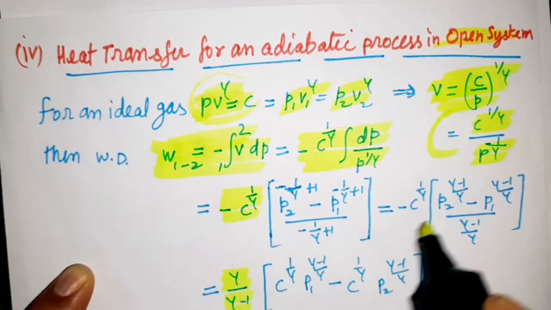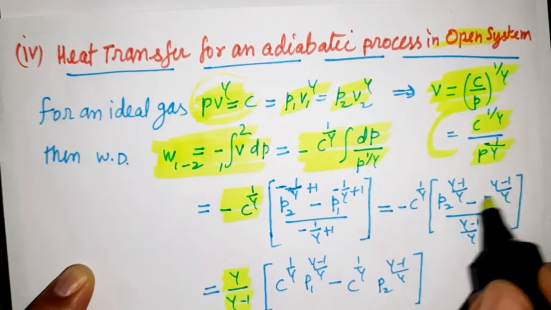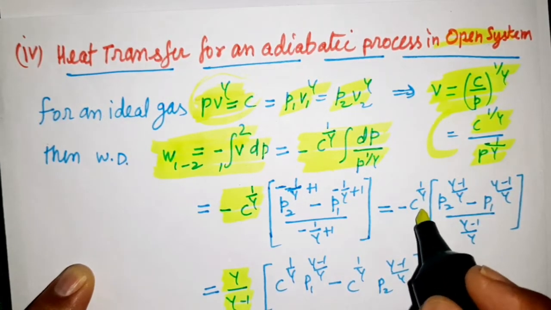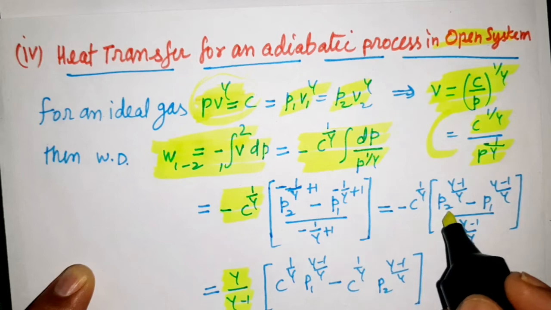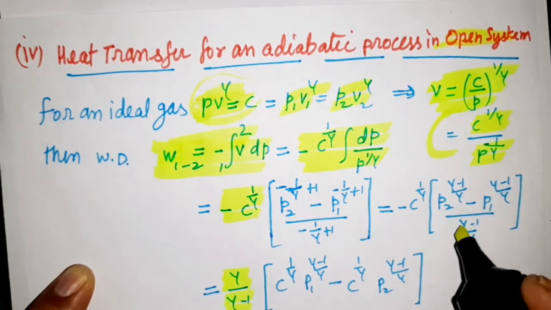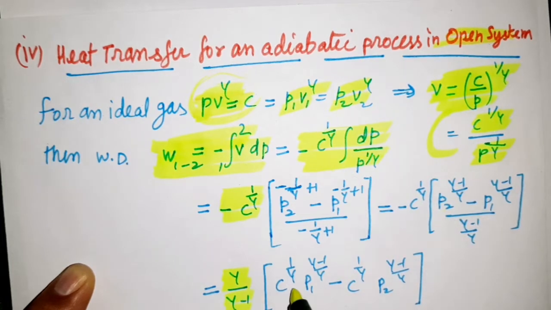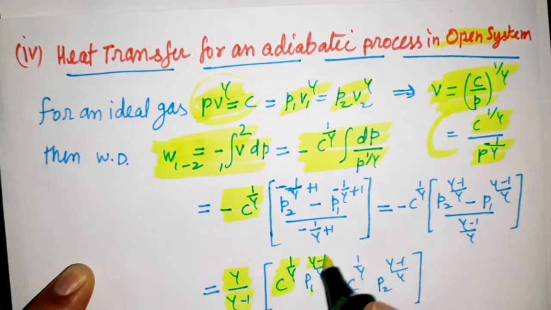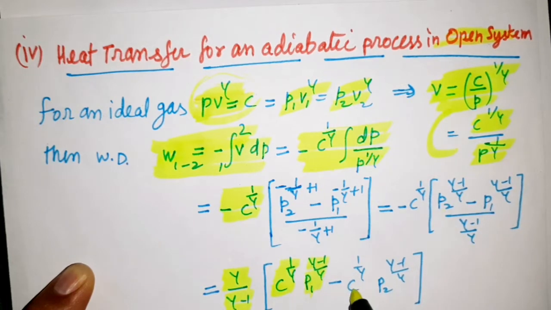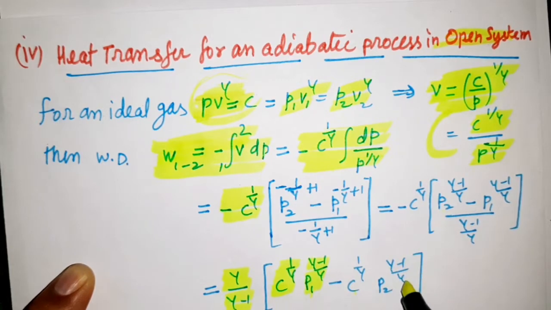Now we will multiply this C in this bracket, multiplying with this P2 and P1. So here it can be written as C to the power 1 upon gamma into P1 to the power gamma minus 1 upon gamma, and C to the power 1 upon gamma into P2 to the power gamma minus 1 upon gamma.